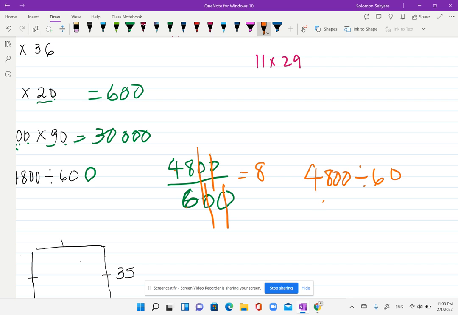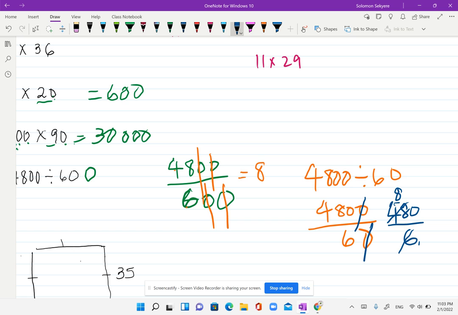It's 4,800 over 60. Now we take one zero out, and we don't have any more zeros at the bottom. So we have 480 divided by 6. Let's focus on 48 divided by 6, which is 8, and then there's a 0. So your answer is 80.